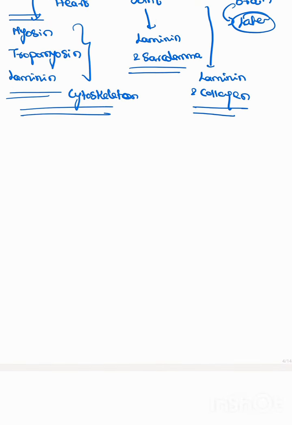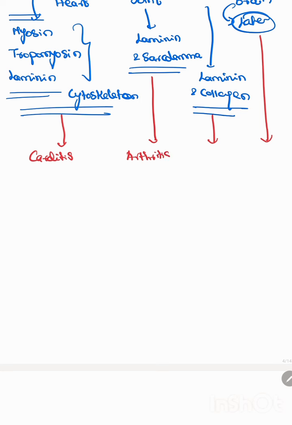So, coming to the clinical manifestations of acute rheumatic fever, it is affecting the heart, the joint, the skin, and the brain. So, as an overview, it will cause carditis, arthritis, skin rash and nodules, and it will cause some movement disorders in the brain.